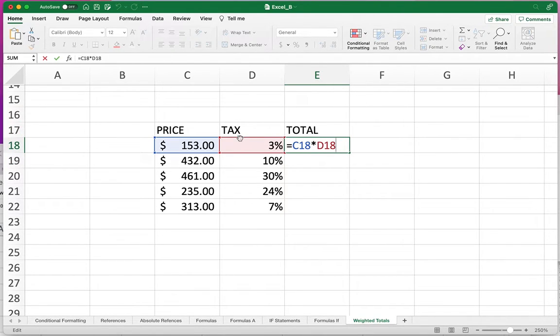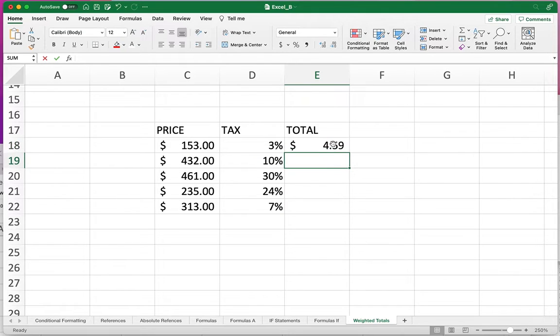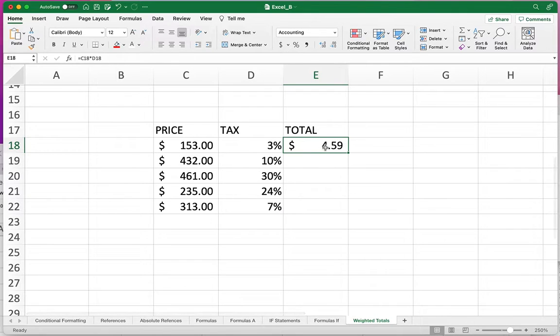I found out what 3% was, but I didn't find out what 3% added on to this 153 is. So this number right here doesn't really make much sense. I'd love to pay only $4.59 for a $153 item, but chances are that's not how it's actually going to work in real life. So, if something looks wrong, it probably is.